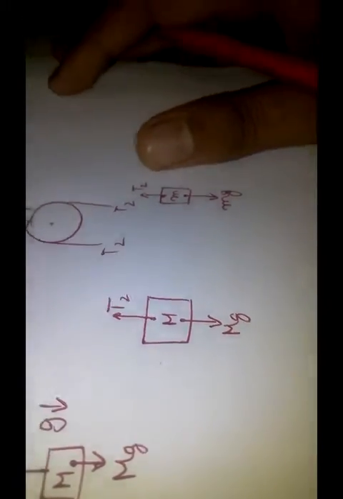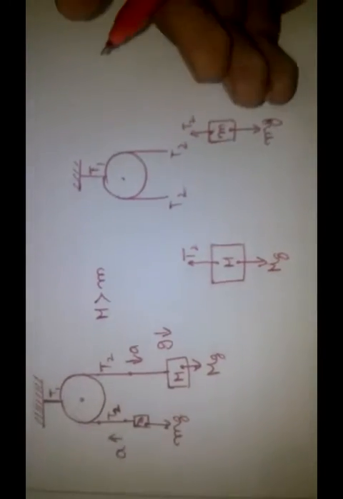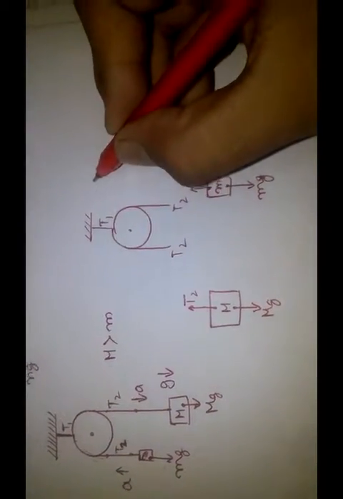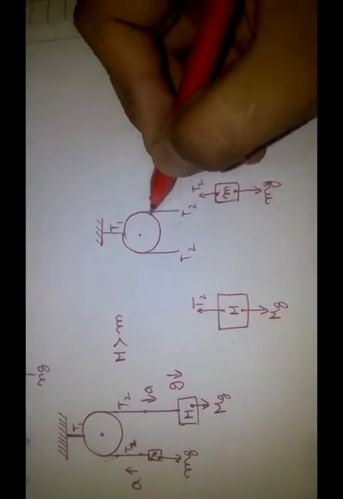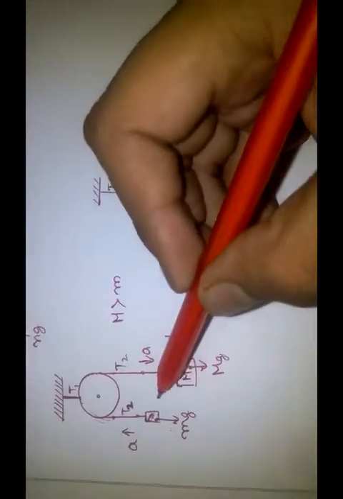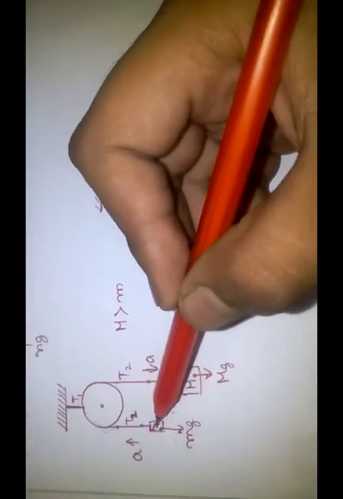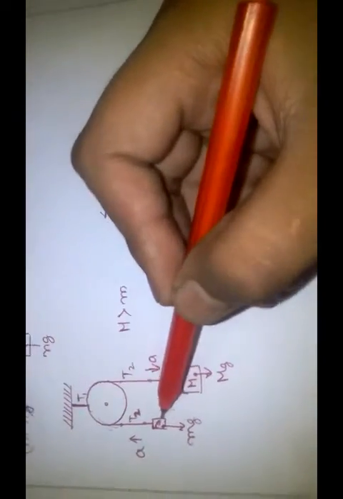Now we have to derive the acceleration and formulas. We will derive the acceleration of the system. Here you can see that the acceleration is upward, so obviously the net force is upward because the mass m is moving upwards.